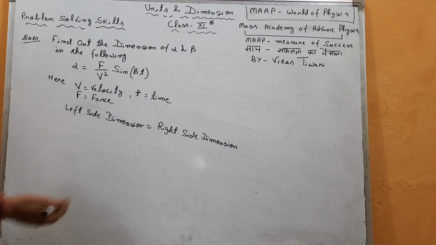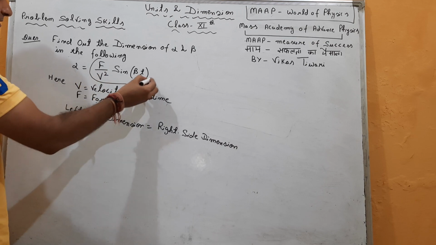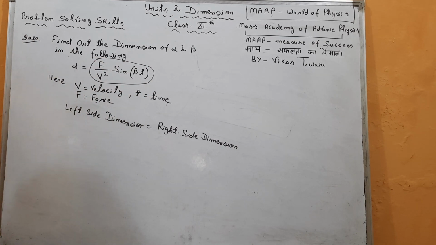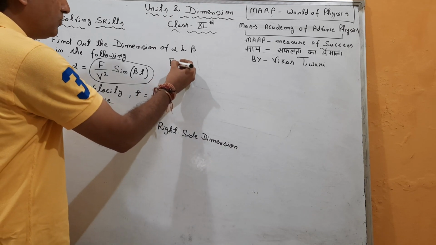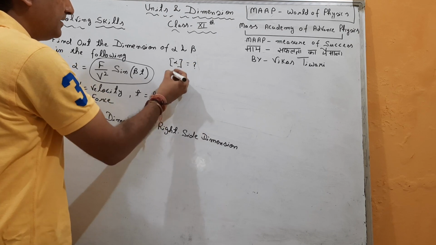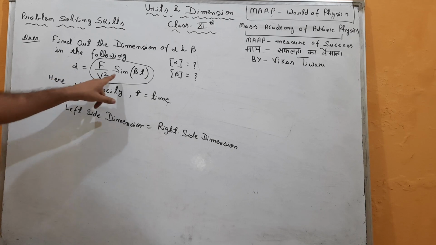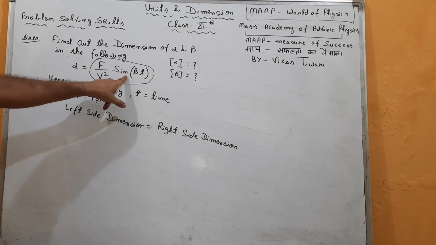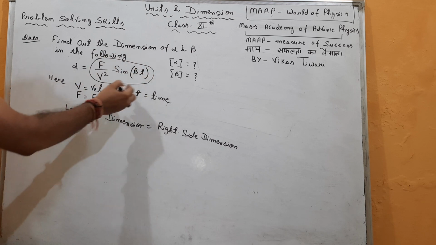So if we are able to calculate the dimension of this particular part, then we can easily calculate the dimension of alpha. Here we have to calculate the dimension of alpha and the dimension of beta. But beta here is with sine, so first we have to calculate the dimension of this side.